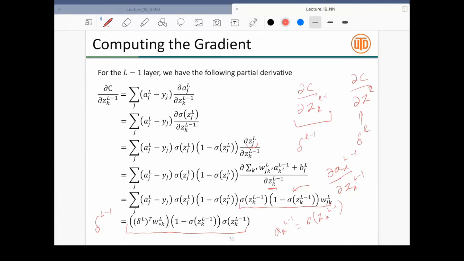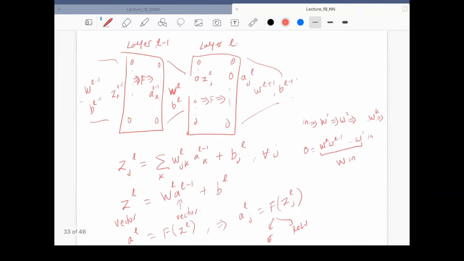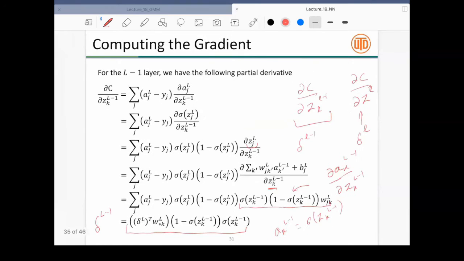If you recall, z_j^L is this sum over k of w_jk^L multiplied by a_k. We have this sum over k because we are taking a sum over all the weight elements, basically the sum over the kth row multiplied by each activation. So that's what is used over here in this expression.